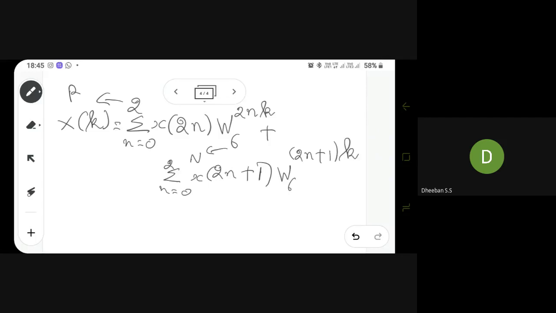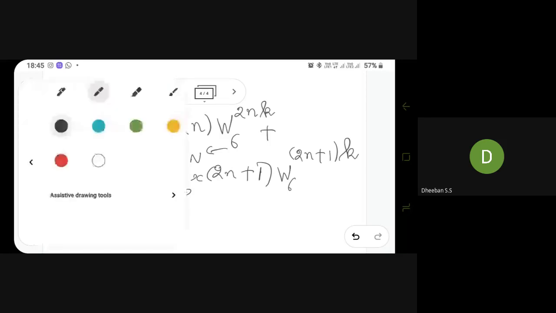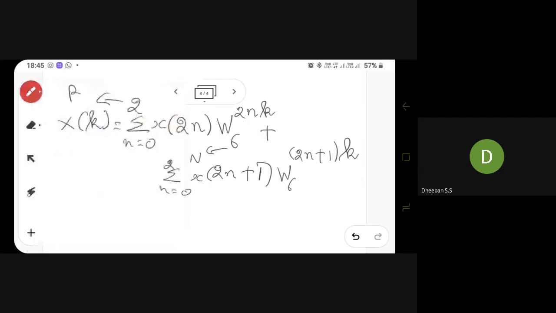Now what happens? We can take this twiddle factor outside. The difference between this point and this point is that one W6 of k is in excess in this part.